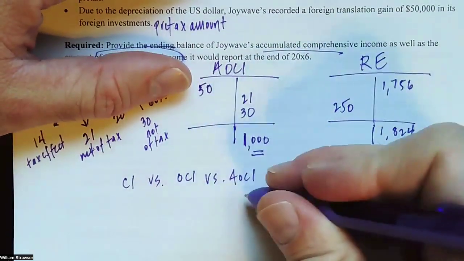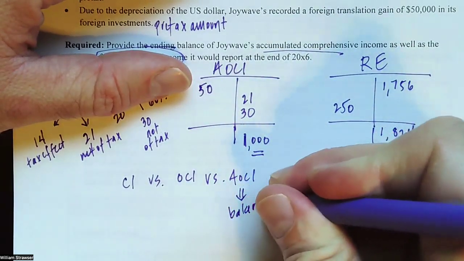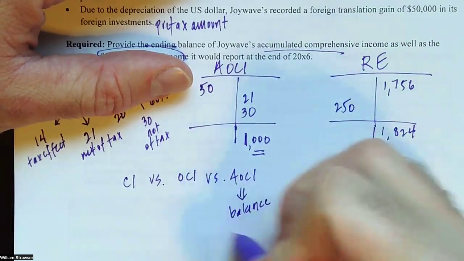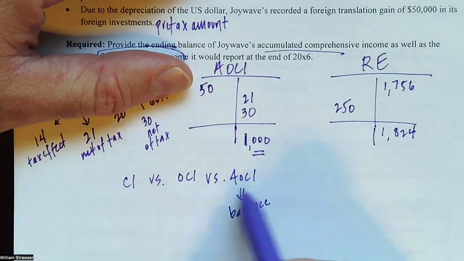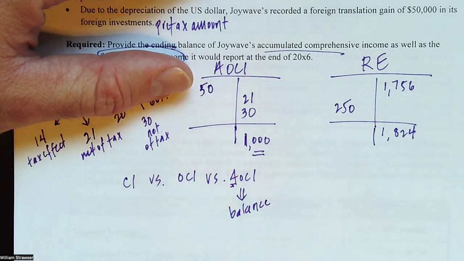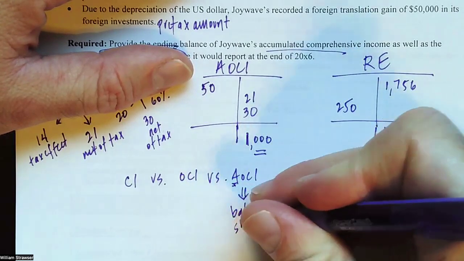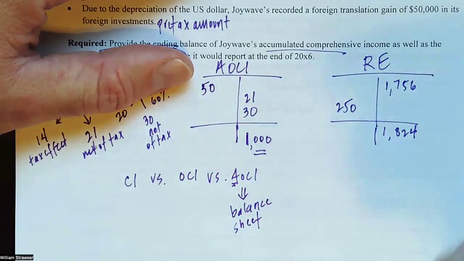AOCI is a balance sheet account and it accumulates all of the OCI. The only thing we're adding to AOCI is the accumulation. So it accumulates all OCI over time. It just keeps adding it in, adding it in.